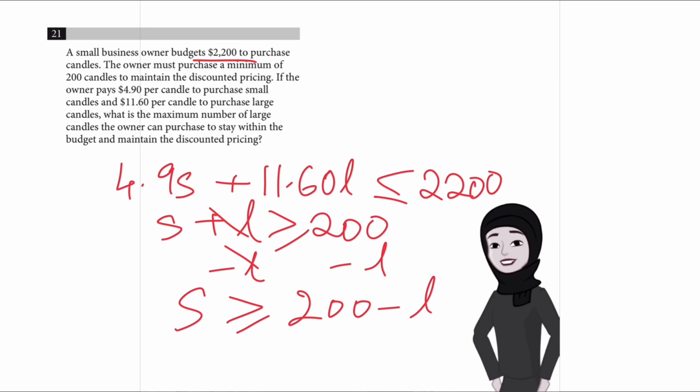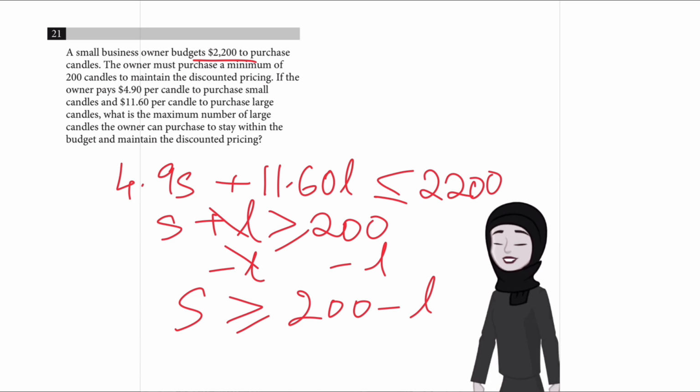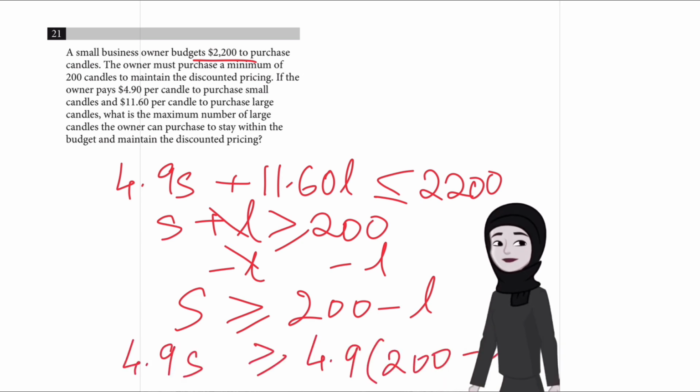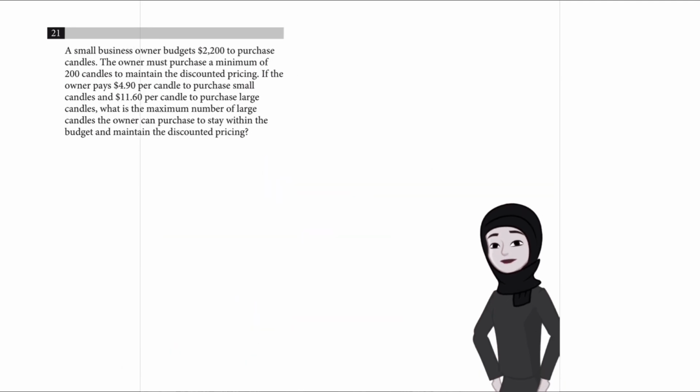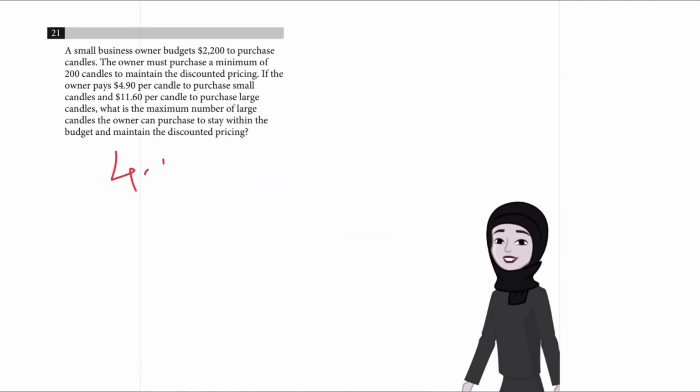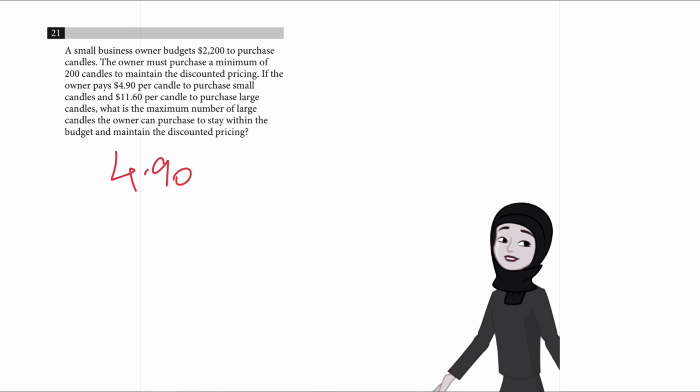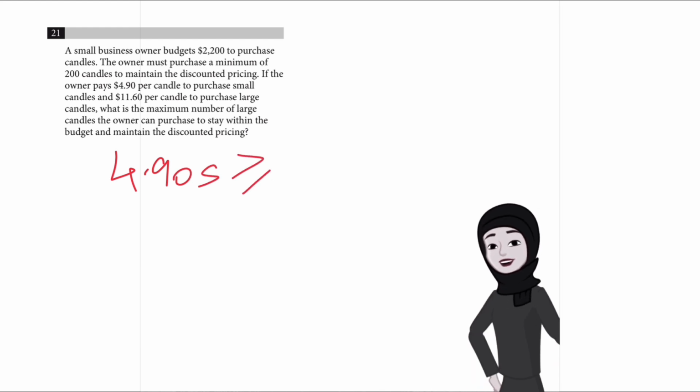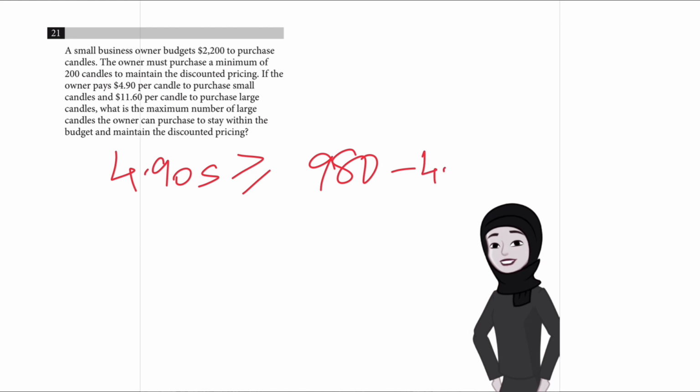Now we will multiply both sides of this inequality by 4.9. So we will have 4.90S greater than or equal to 980 minus 4.9L. Now we will add 11.6L to both sides.